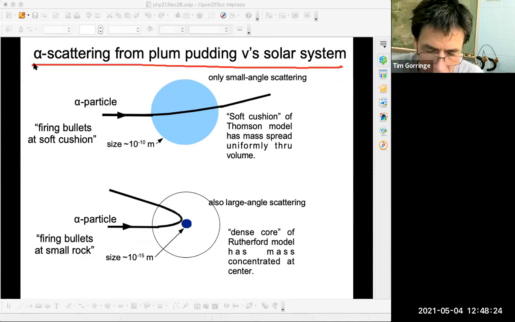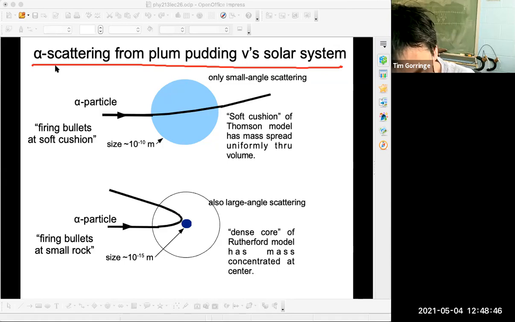This slide is meant to indicate the difference that you would expect from directing the heavy, positively charged alpha particles at a plum pudding atom versus a solar system atom. So the top plot sketch, this is plum pudding.